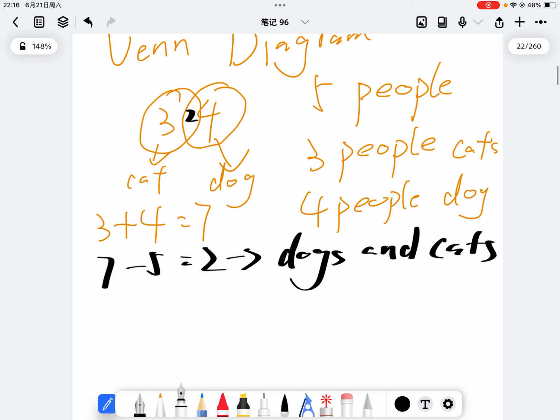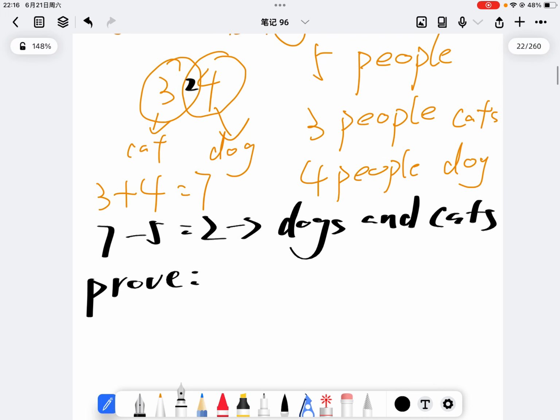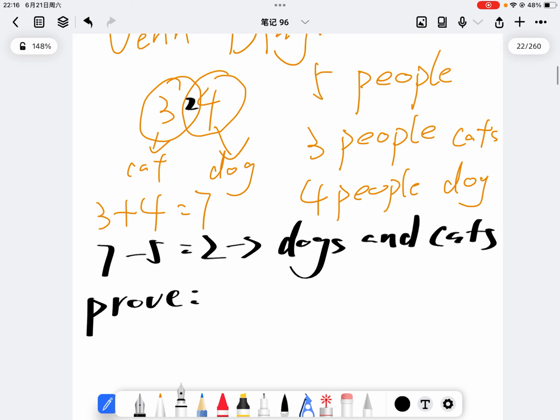And we want to prove why it is right. We plug it back. So 2 people love both dogs and cats, and so 3 minus 2 equals 1 person who likes only cats.